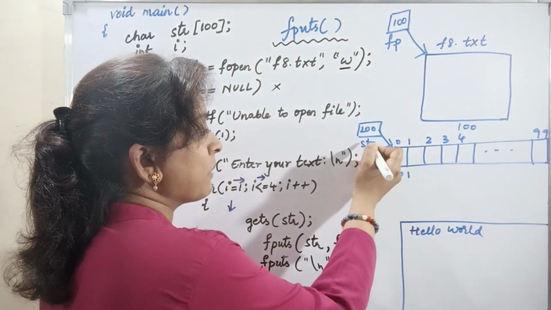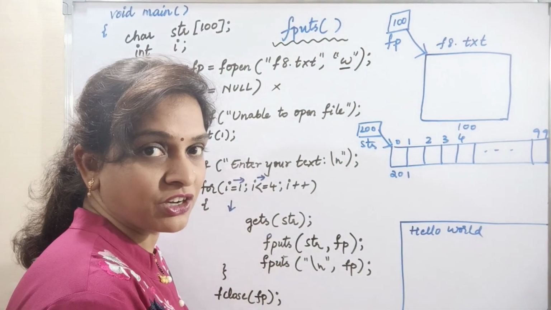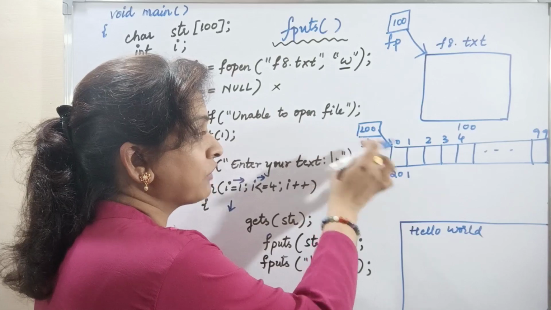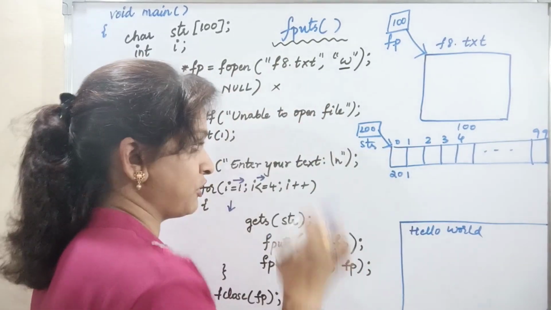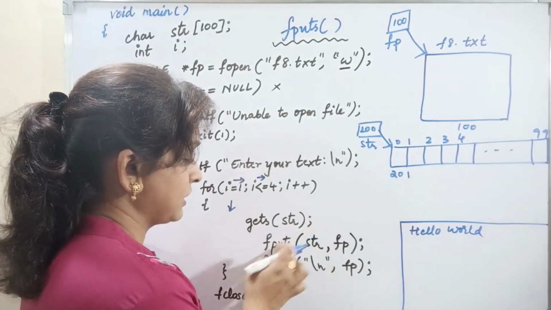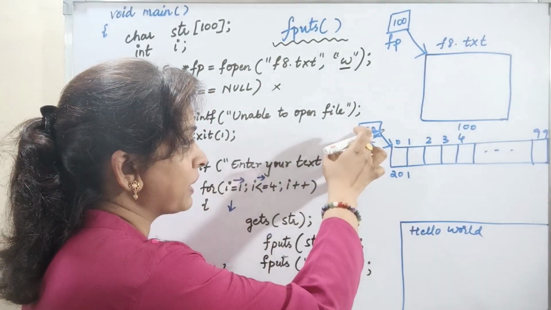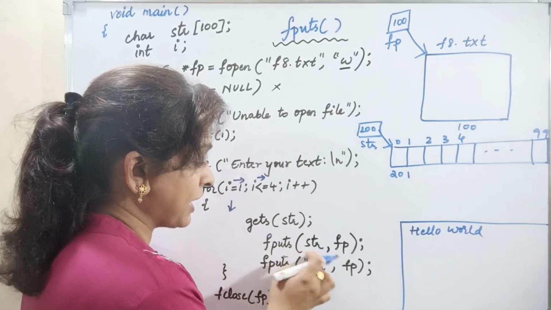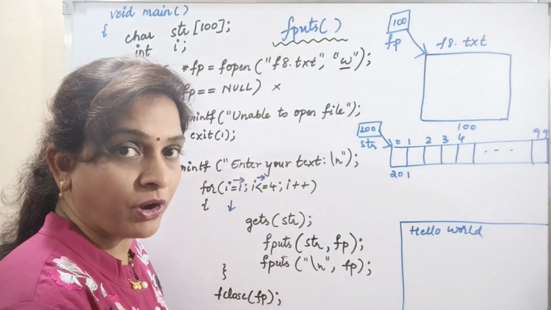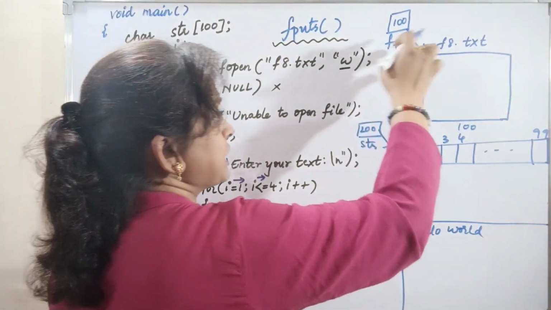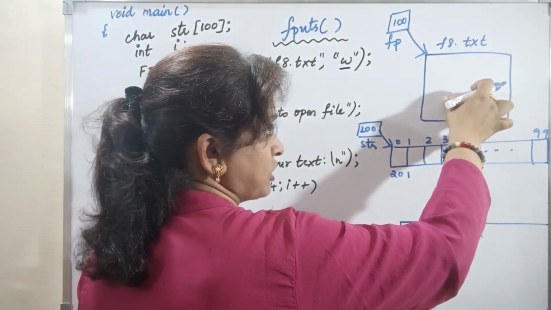So the array name will give you the base address. It is the implicit pointer which will be pointing to the first element, the base address. So I say put that string pointed to by this implicit pointer, array name str, to the file pointed to by the file pointer fp. So fp is pointing to this f8.txt.